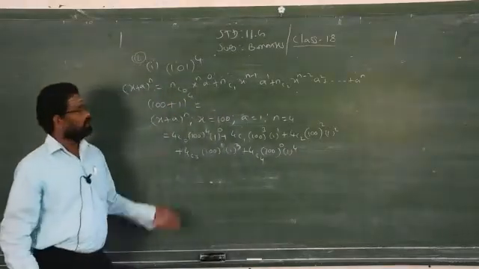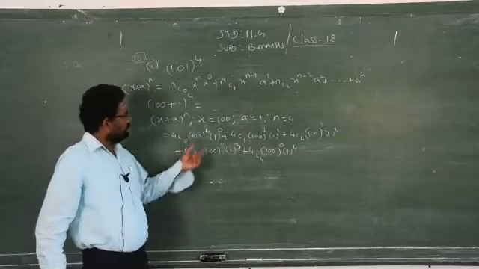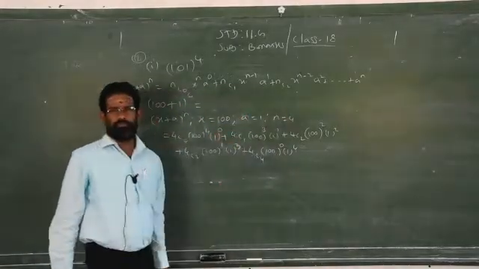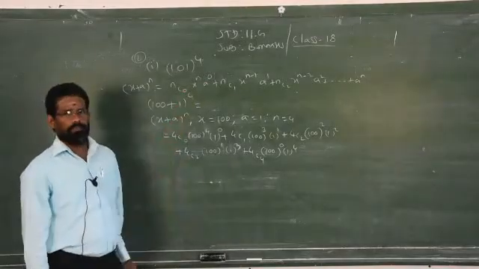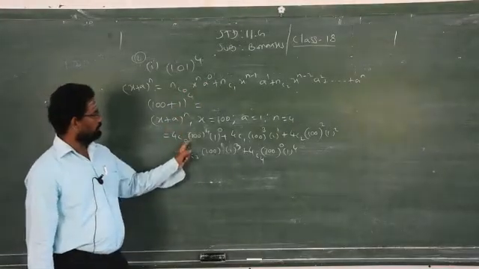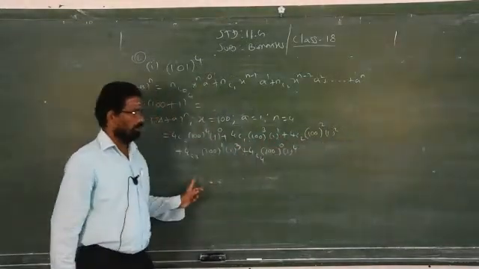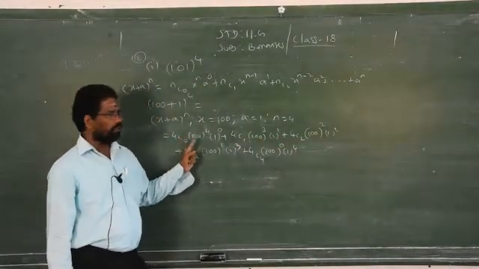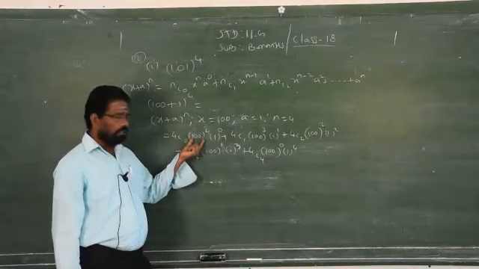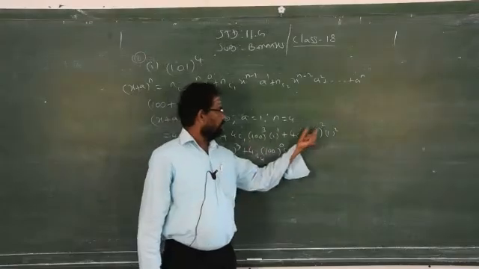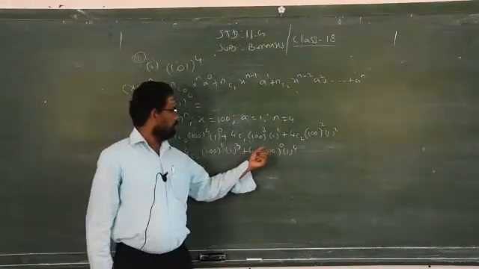Any doubt? I am just replacing x by 100, a by 1 and n by 4 in the general formula. Depending upon the suffix, you have to check whether your answer is correct or wrong. The power of x should be in decreasing order. See, what is the power of x? Here x is 100, so the power of 100 is 4. Next 3, 2, 1, 0.